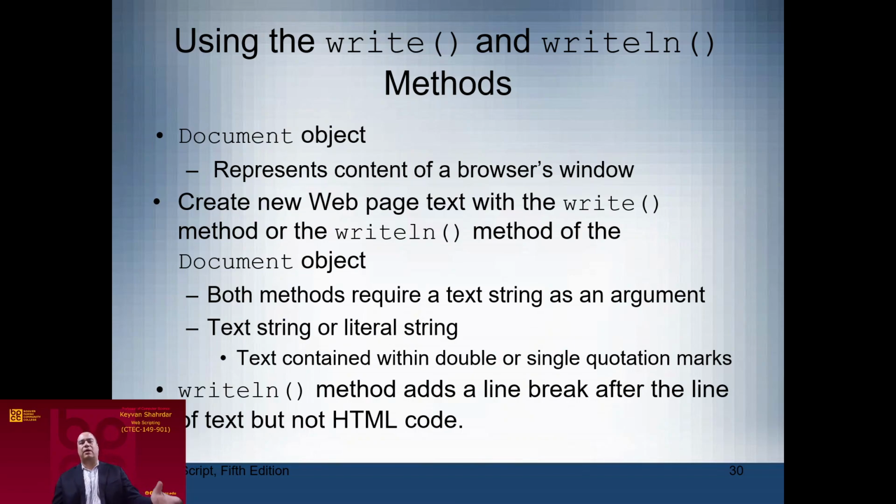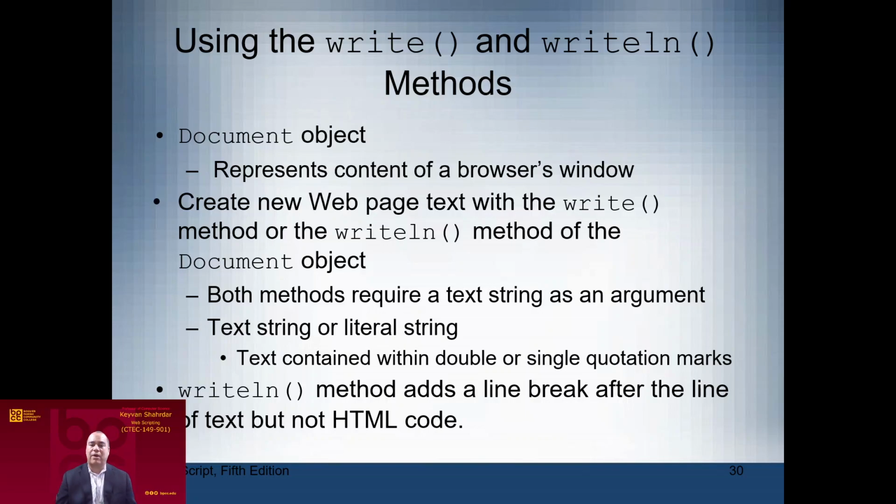So, for example, if you want to use write or writeLine, you use what's called the document object. So it's document.write or document.writeLine. It represents the content of a browser's window, and creates new web page text with the write method or the writeLine method of the document object.